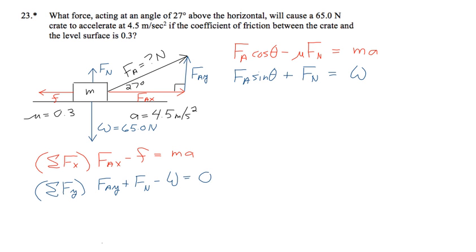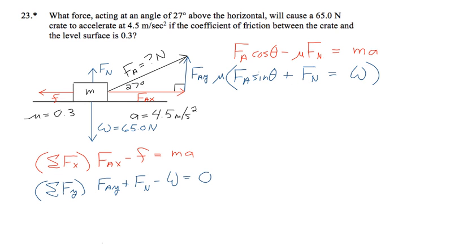Since I want to keep my F_A, I'm going to take this whole equation and multiply it by mu. The reason I want to multiply it by mu is so that the middle term will be mu F_N. If I have minus mu F_N and plus mu F_N, when I add these two equations, I will get rid of that term.